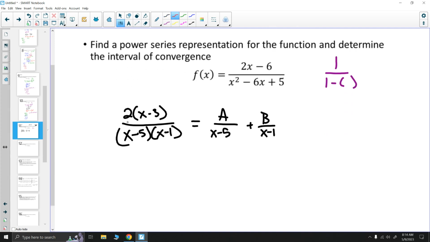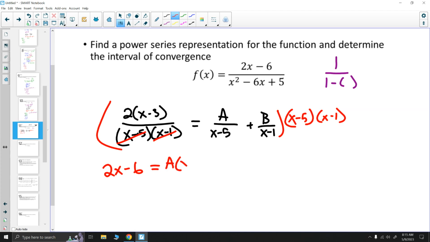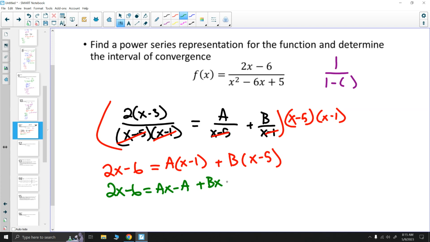Multiplying everything through by x minus 5, x minus 1, we're going to see these things cancel. I'm going to distribute this because I'm going to need to anyway. So 2x minus 6 is equal to a times x minus 1 plus b times x minus 5, which means 2x minus 6 is equal to ax minus a plus bx minus 5b.